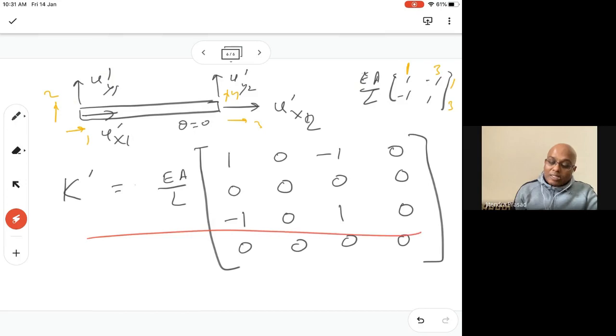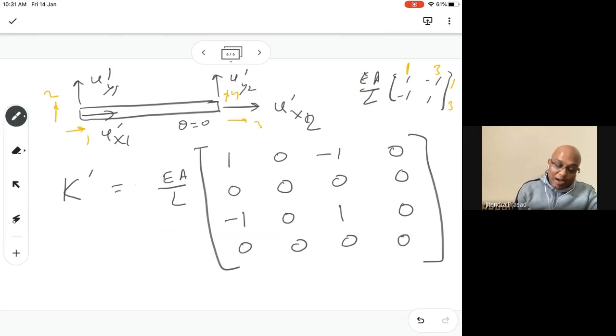So K dash is like this. Then the corresponding U dash will be ux1 dash, uy1 dash, ux2 dash, uy2 dash.